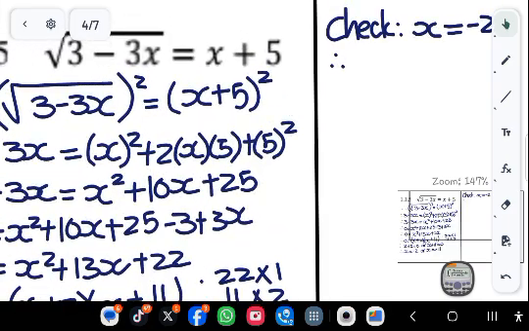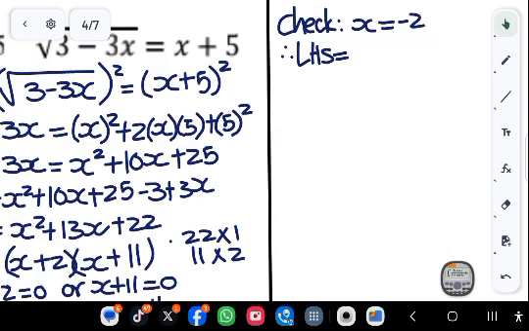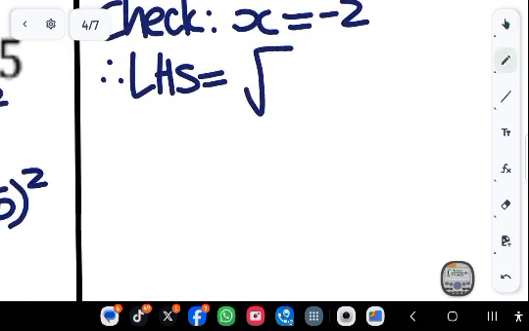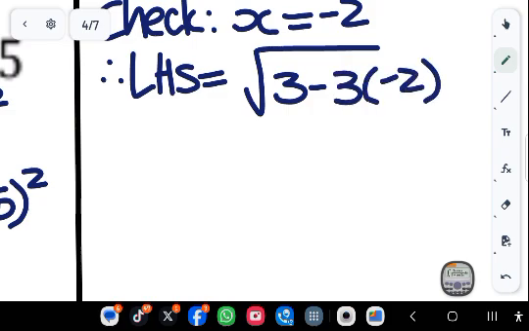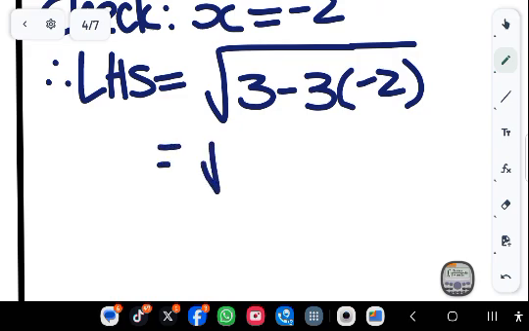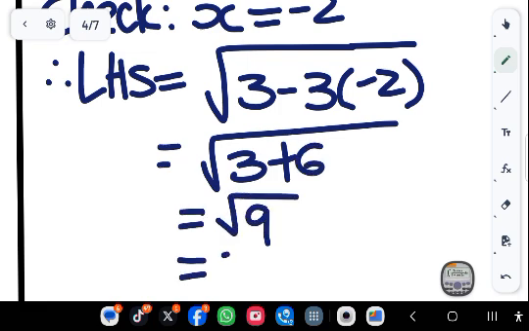So the left hand side equals the square root of 3 minus 3 times negative 2, which equals the square root of 3 plus 6, which is the square root of 9, and the square root of 9 is 3.